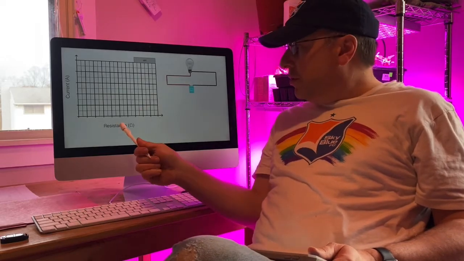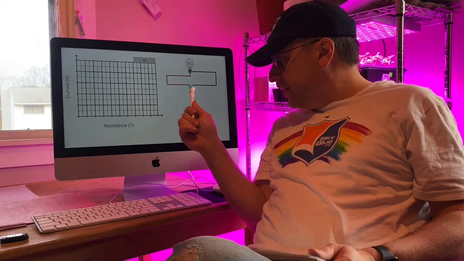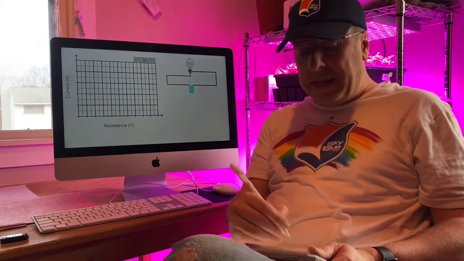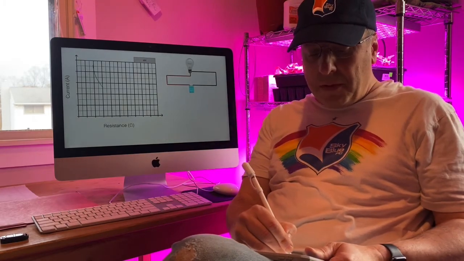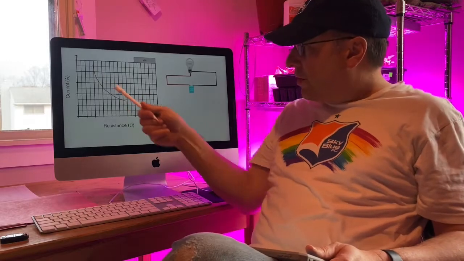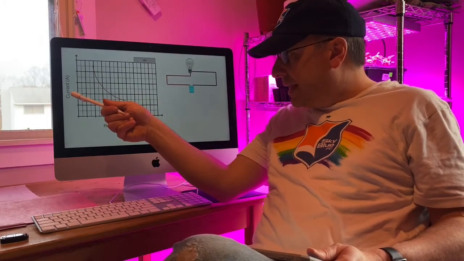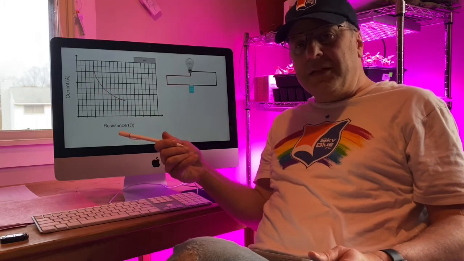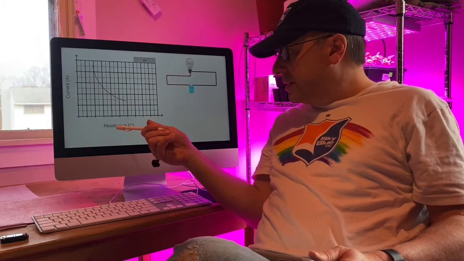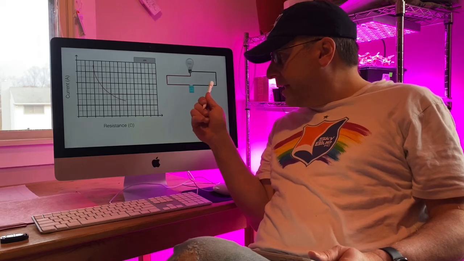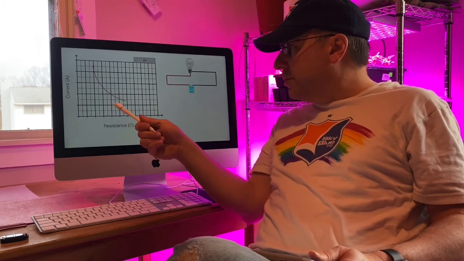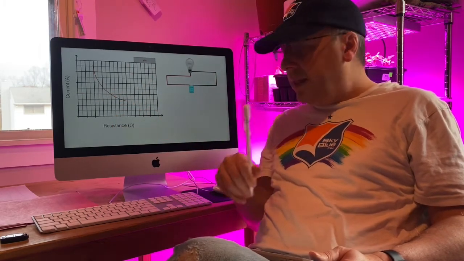The next part, you change the resistance, leaving the battery in place, and this time you got an inverse graph. You found that more resistance caused there to be less current. Hopefully this is very logical. Resistance tells you how hard it is for the electrons to flow, so more resistance would cause less current.